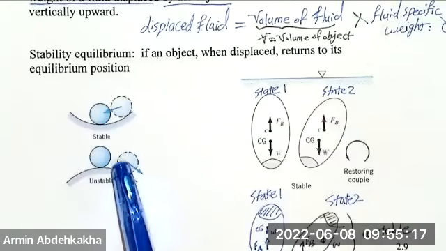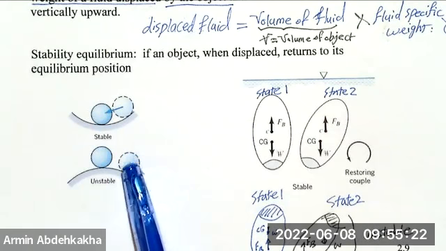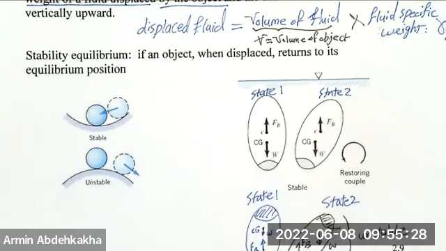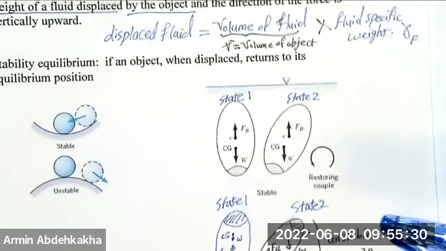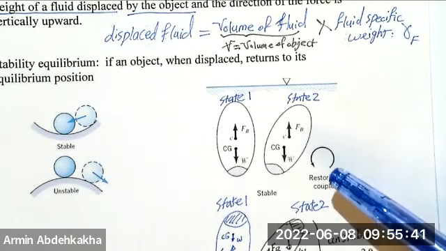But if you change from state 1 to state 2 and it's not coming back to the same situation, then the system is not stable, or unstable. That's why I told you the CG and the center of buoyancy are different, and it matters. Why does it matter? Because of the stability.